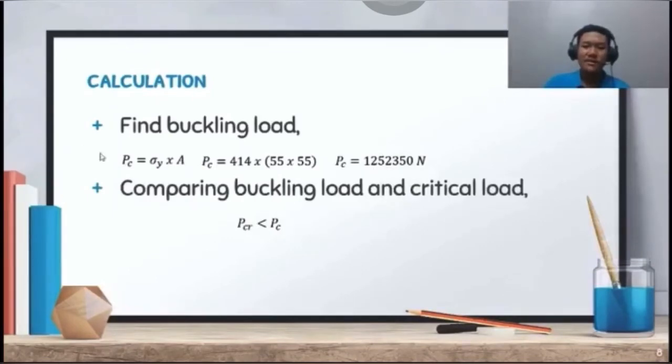Comparing the buckling load and the critical load, the critical load is smaller than the buckling load, which is going to be a problem because it will make the chair break.